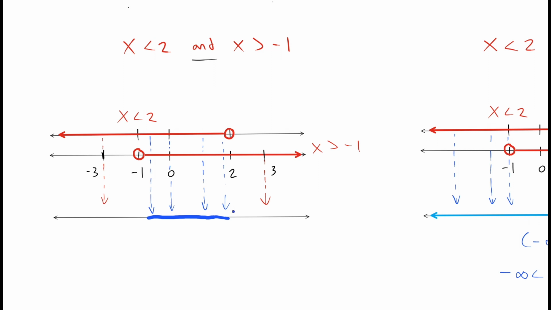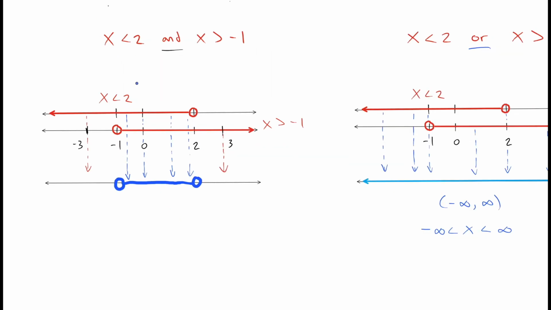Our final solution set for this one then would be all the numbers between -1 and 2. That would be our final result for x less than 2 and x greater than -1. We can write that final set in interval notation, which is (-1, 2), or we could do it in algebraic notation. It's between -1 and 2.